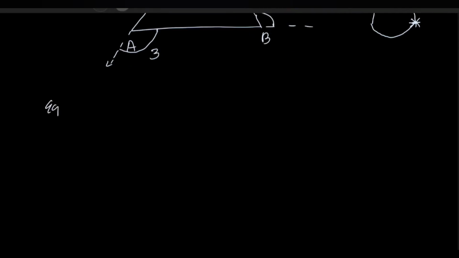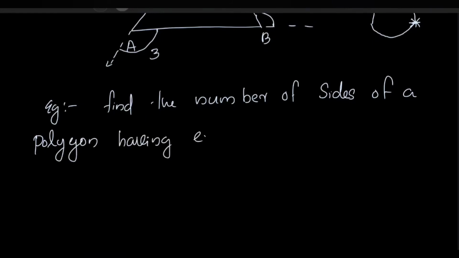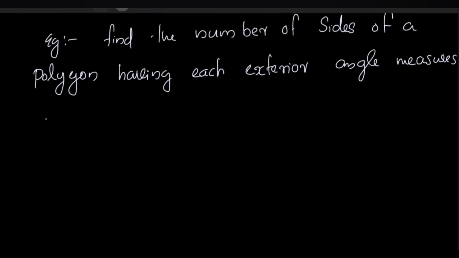Let's go through an example. Find the number of sides of a polygon where each exterior angle measures 45 degrees.